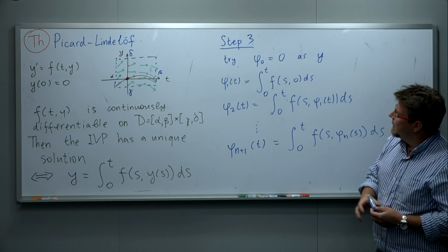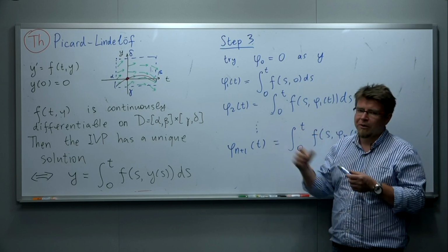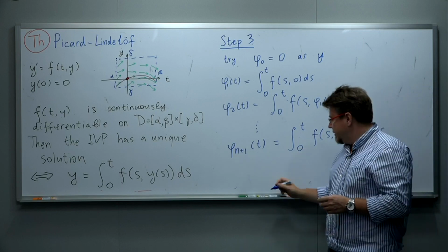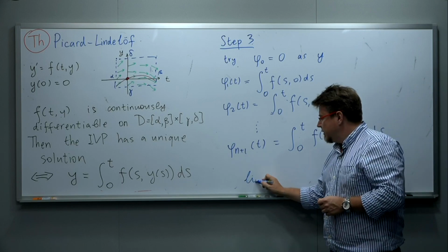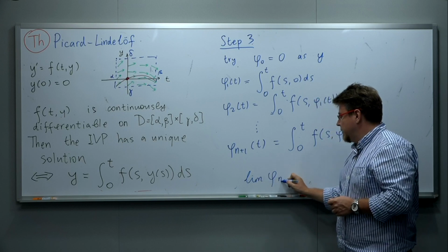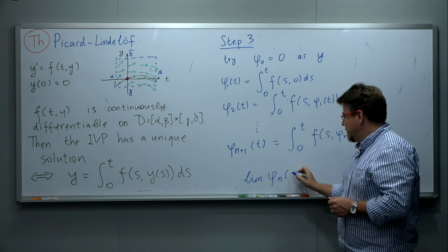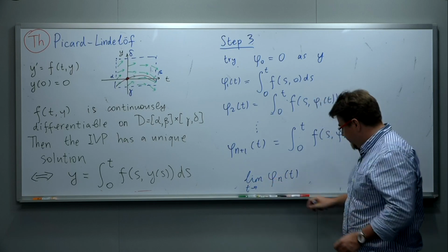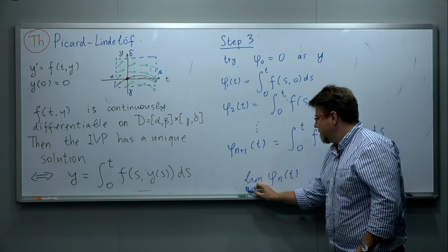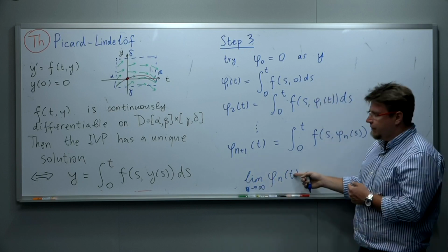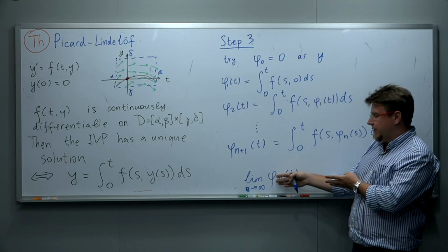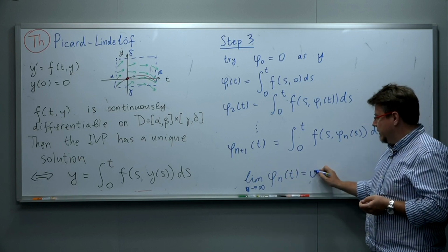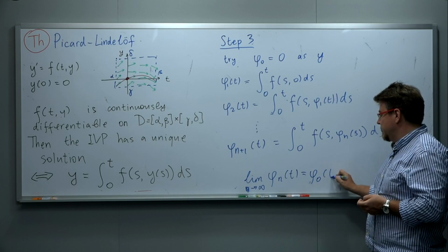Now, what is good about it? The good thing is that now we can take the limit. So suppose that the limit of phi n of t as n goes to infinity, for every specific value of t, you can just take the limit as n goes to infinity, and suppose that you get some expression in t, and we're going to denote it by phi of t.